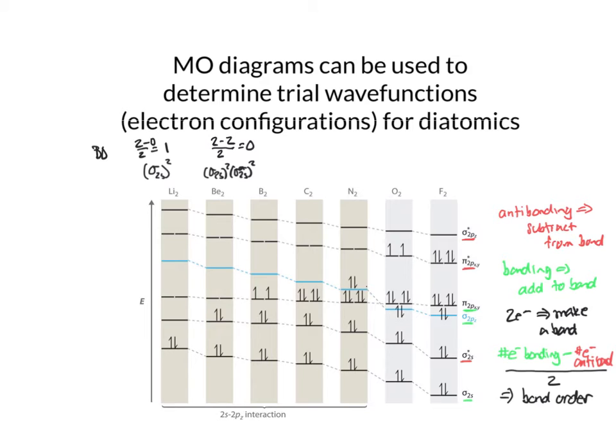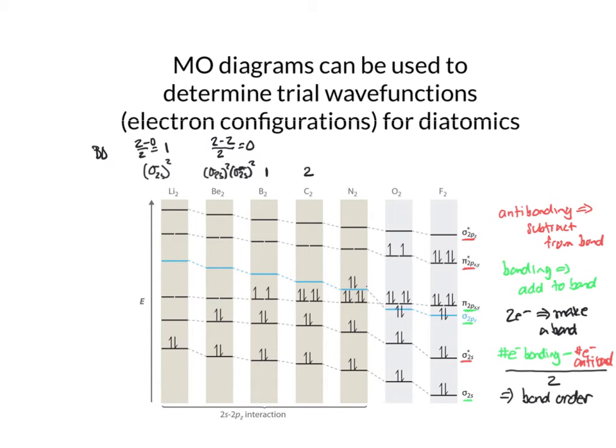If I look at boron, my bonding and antibonding sigma orbitals that come from the 2s atomic orbitals cancel each other out. But I have 2 electrons in this pi bonding orbital, and 2 electrons make a bond, so the bond order would be 1. For carbon, the 2 sigma 2s cancel each other out, but now I have 4 electrons in a bonding orbital, so 4 divided by 2 gives me a bond order of 2.